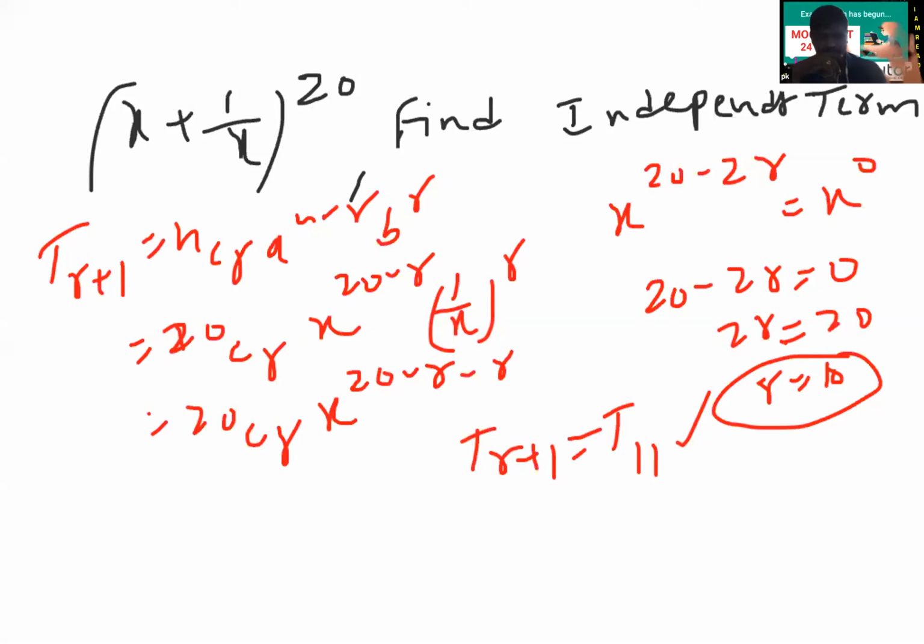Do it. If you want the independent term, you can do it like this only. Understand? Always consider the value of R.